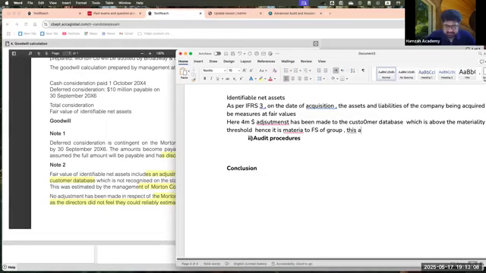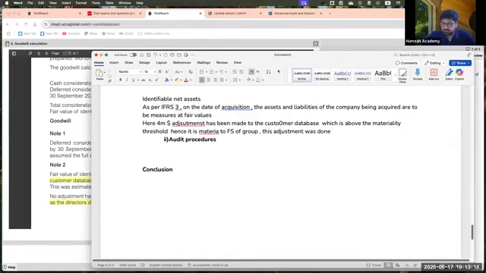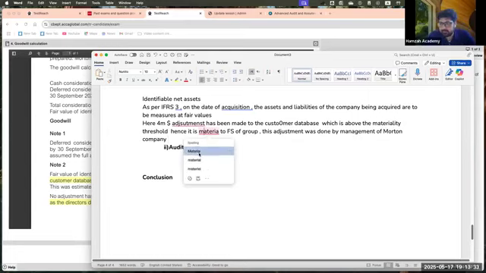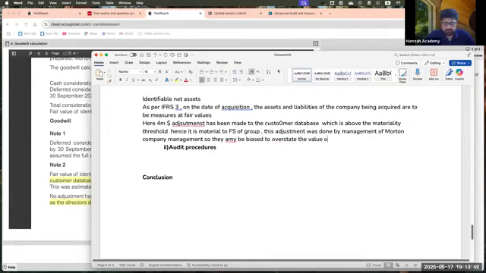This adjustment was done by the management of Morton Company. So they may be biased to overstate the value of their assets, their assets being sold.